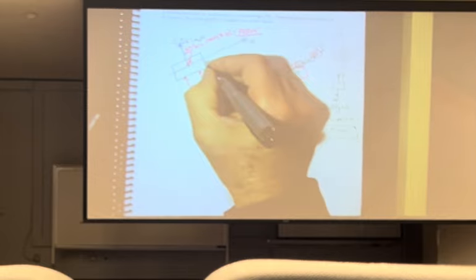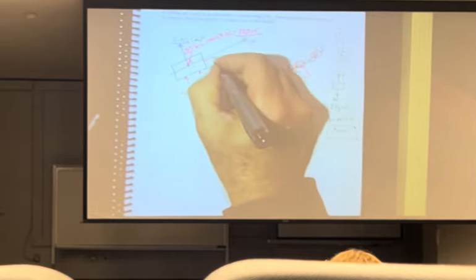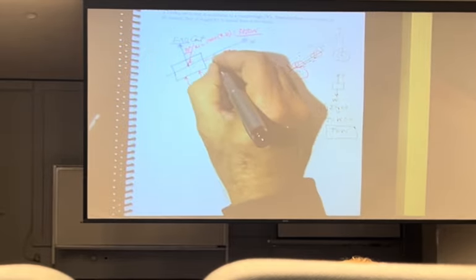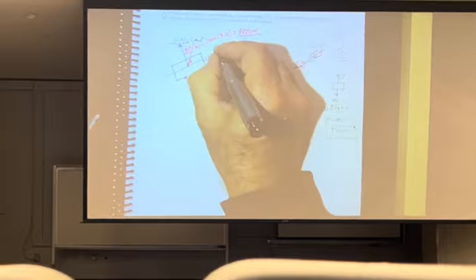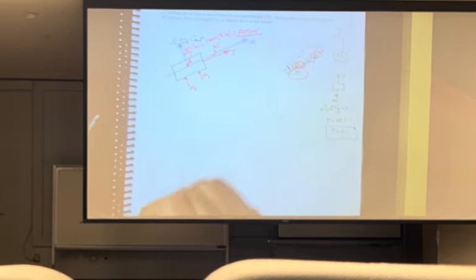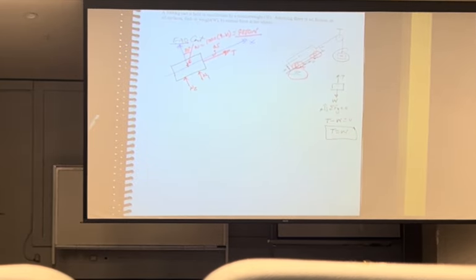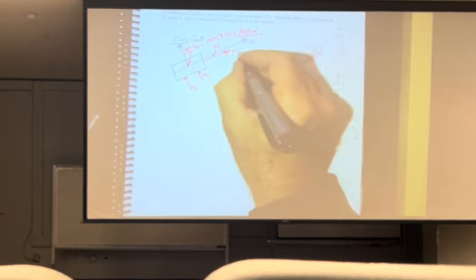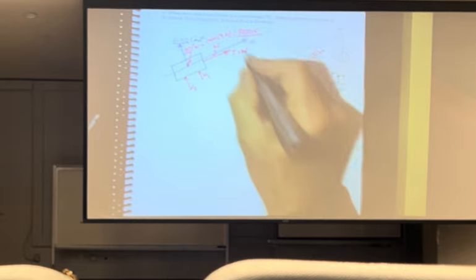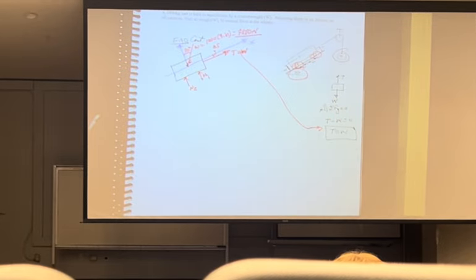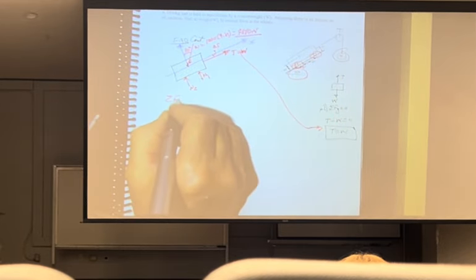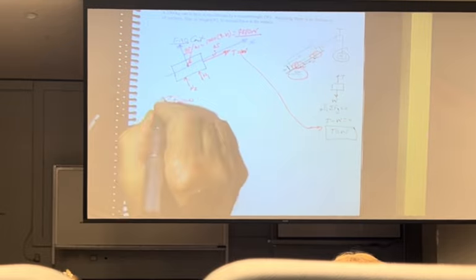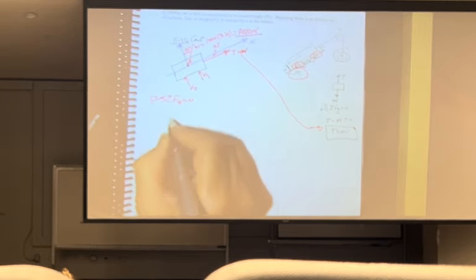I also have a tension this way, which is at a distance of 0.5 from G. This T is equal to W because of this. So I'm going to say sum of forces in the X equals 0, positive this way.